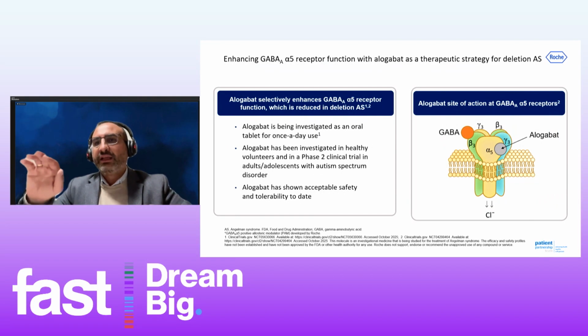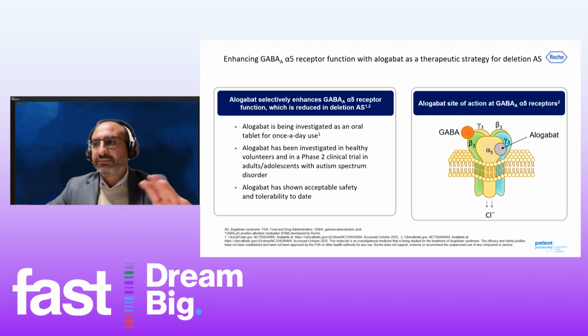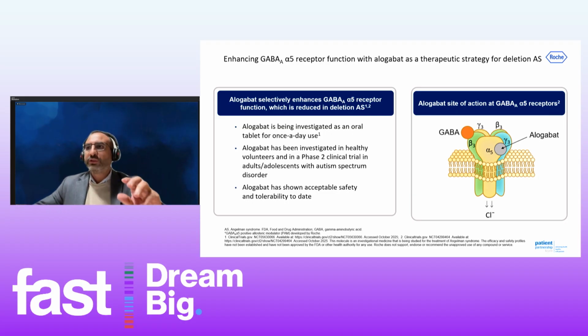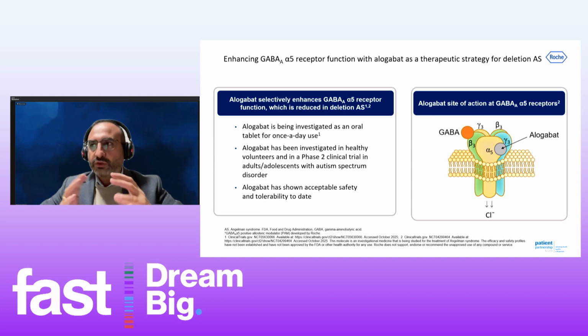Here you see on the right, schematically, the products of the 3 GABA genes I mentioned in the previous slide. They form together what is called the GABA alpha 5 receptor, and the GABA alpha 5 binds to a neurotransmitter called GABA. GABA is one of the most important neurotransmitters or messengers in the brain. Neurotransmitters like GABA can only work when they bind to their specific receptor.